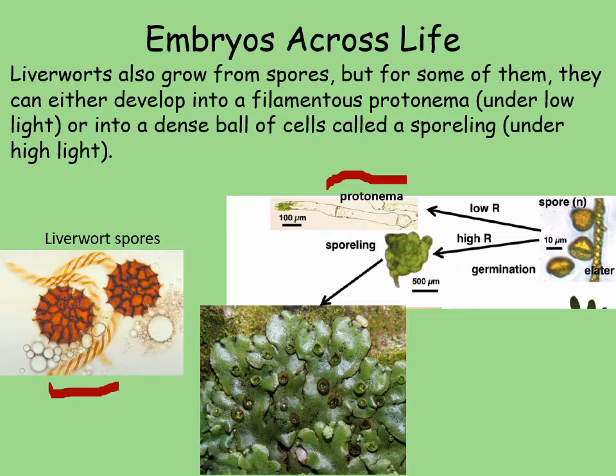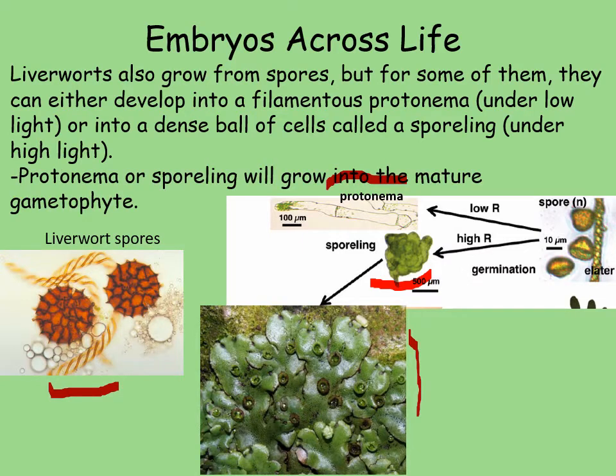But if there's a lot of light, then they'll develop into the other stage, the sporling. So that's an example of phenotypic plasticity. And then eventually the protonema or sporling will develop into the adult liverwort gametophyte.